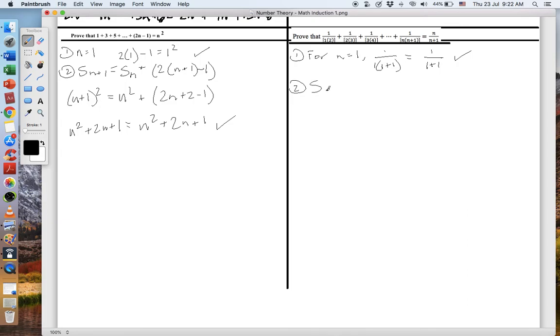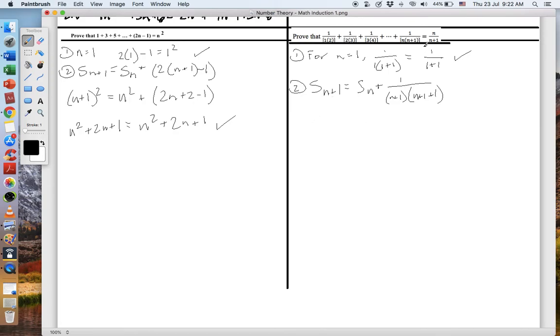See if it holds true for n plus 1. So the series with n plus 1 terms is equal to the original series plus, and then we're going to take that last term here and substitute n plus 1: 1 over the quantity n plus 1 times n plus 1 plus 1, or n plus 2. And then start working it.